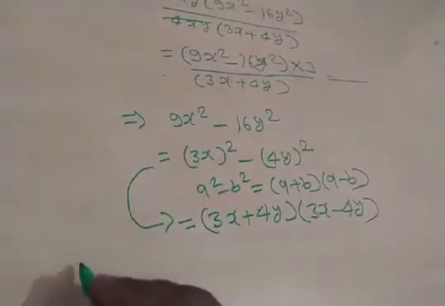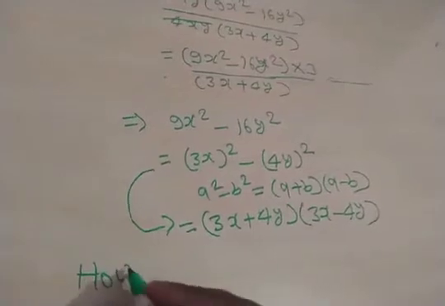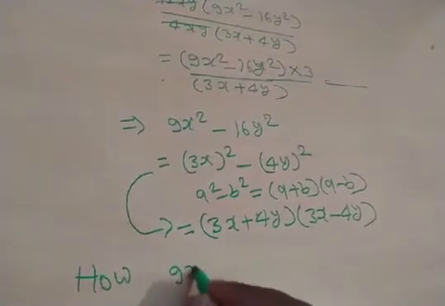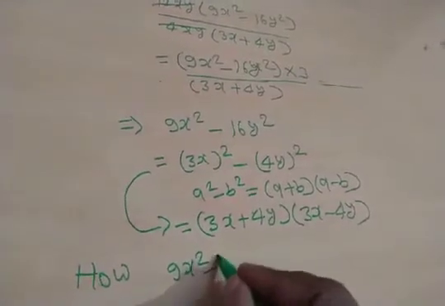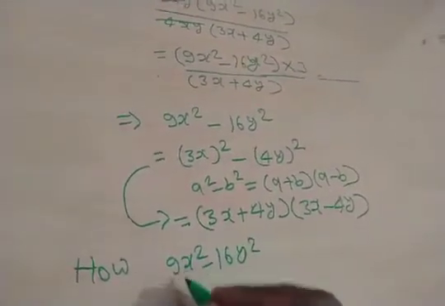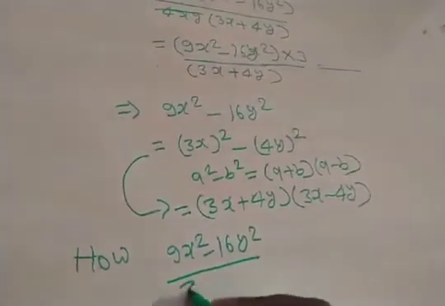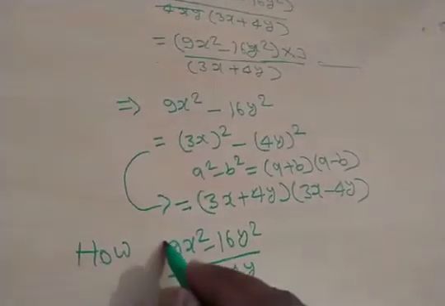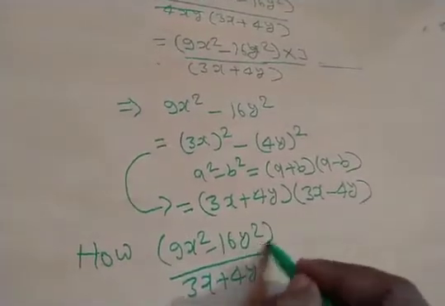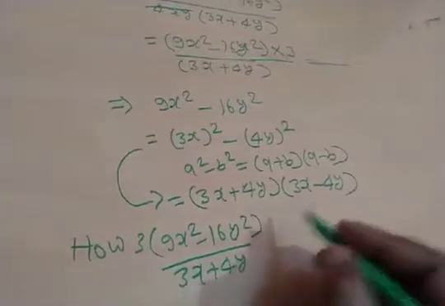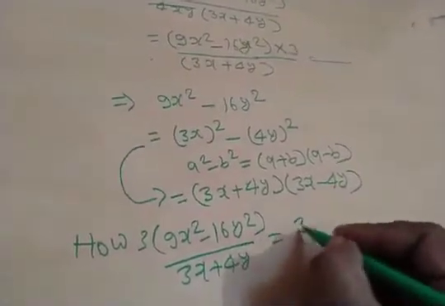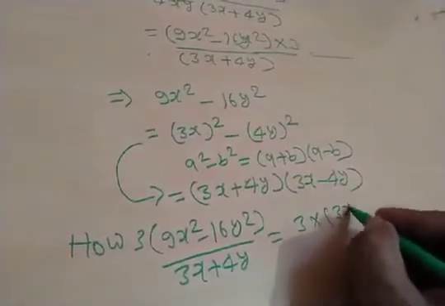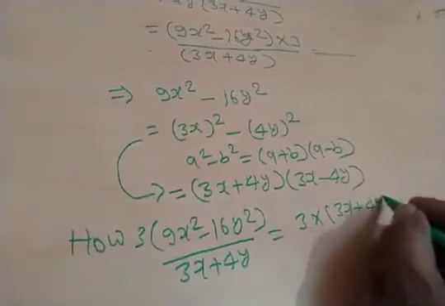Now we write here (9x square minus 16y square) by (3x plus 4y) into 3 also, which is equal to 3 into (3x plus 4y).